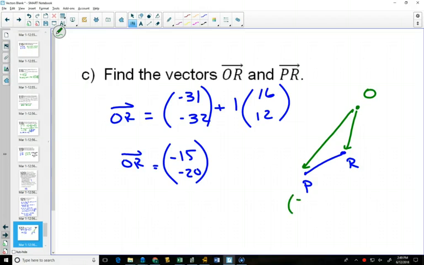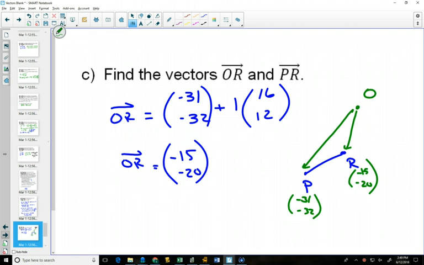This one's at negative 31, negative 32, and this one is at negative 15, negative 20. So you could use your old adding and subtracting vectors here.